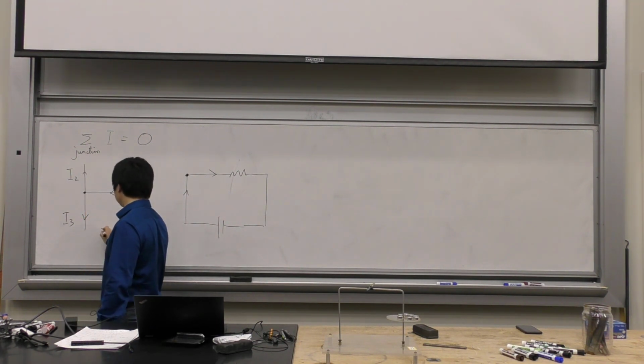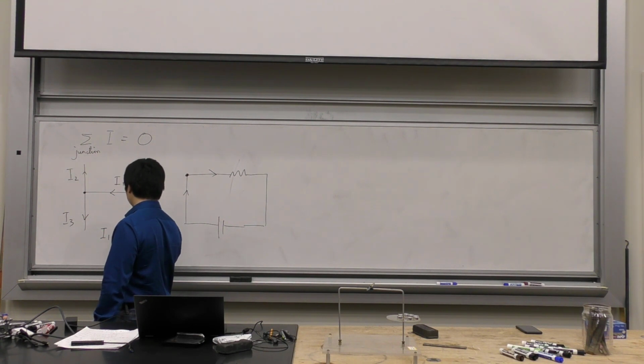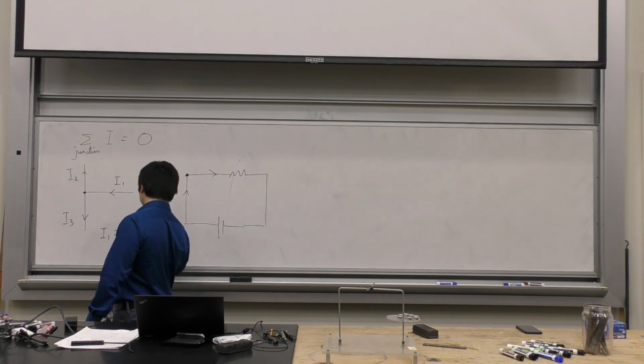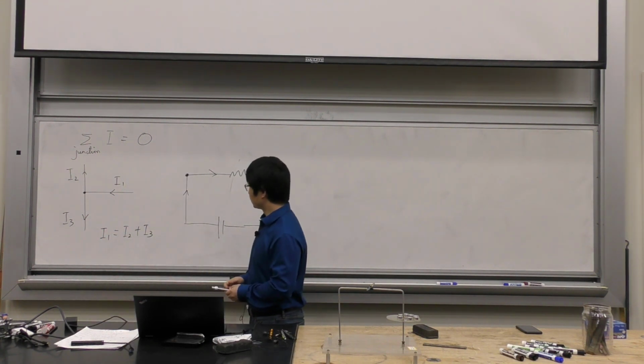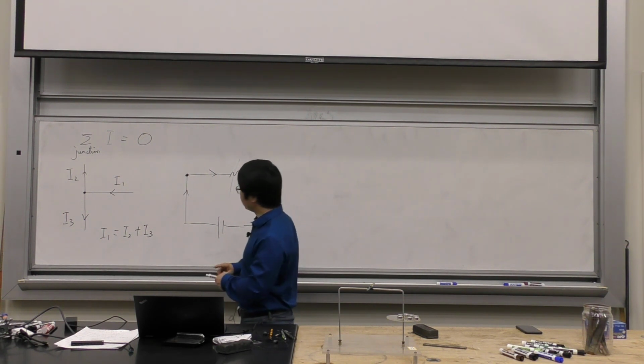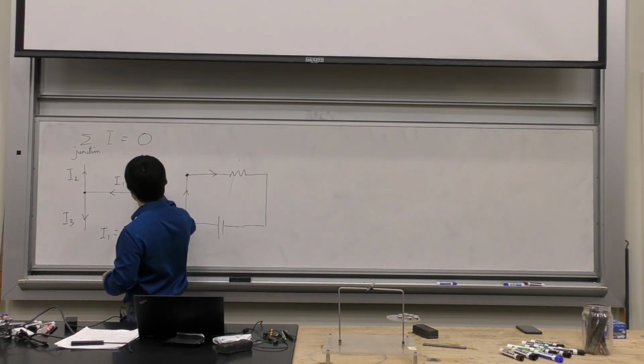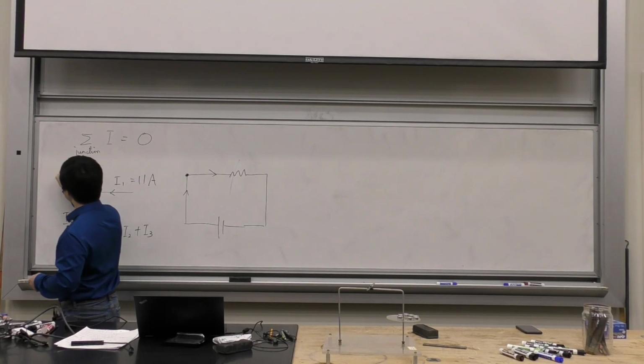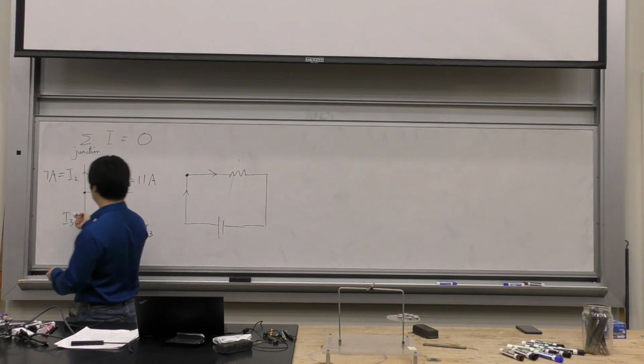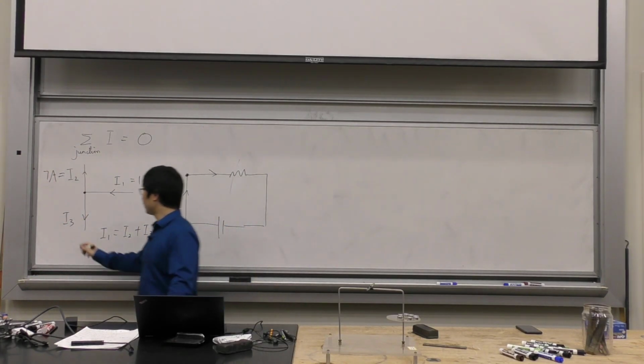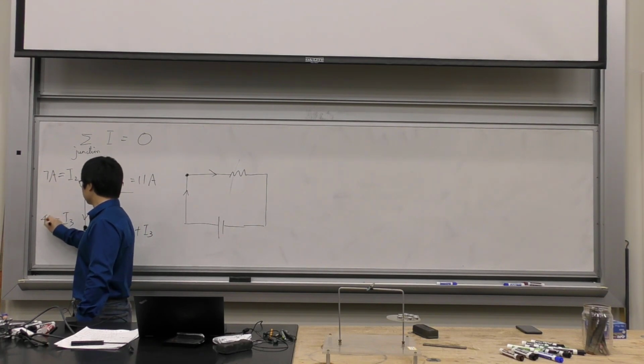So obviously, I know that I1 is going to be equal to I2 plus I3. That's intuitive to me, right? If this one is 11 amps and this one is 7 amps, I can calculate that I3 must be 4 amps.